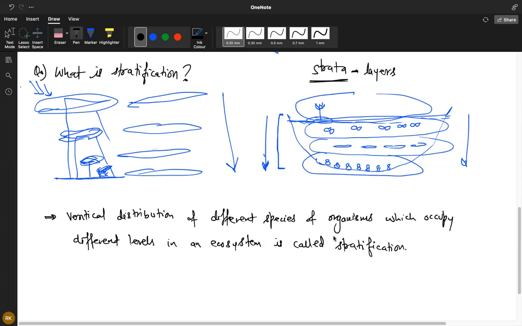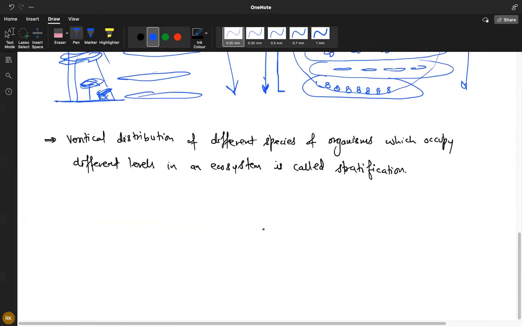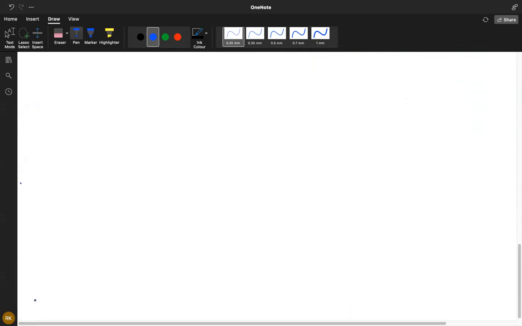Great. Now coming to the first component of ecosystem, which is productivity of ecosystem. So now you realized how basically any ecosystem is structured. The first component is productivity. Now, what is productivity? What is being produced?